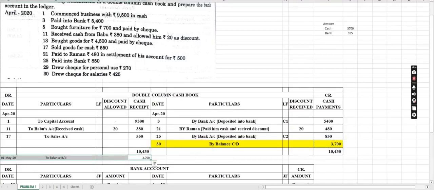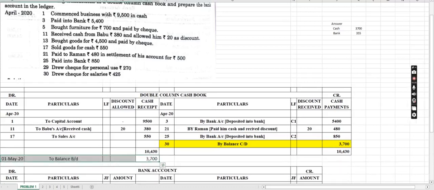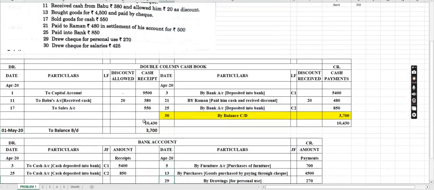See? So this is how we need to record the thing. Here, that one I will highlight. Okay, you understood, right? So this is a total, this is a total, this is a balance carried down, this is a balance brought down.